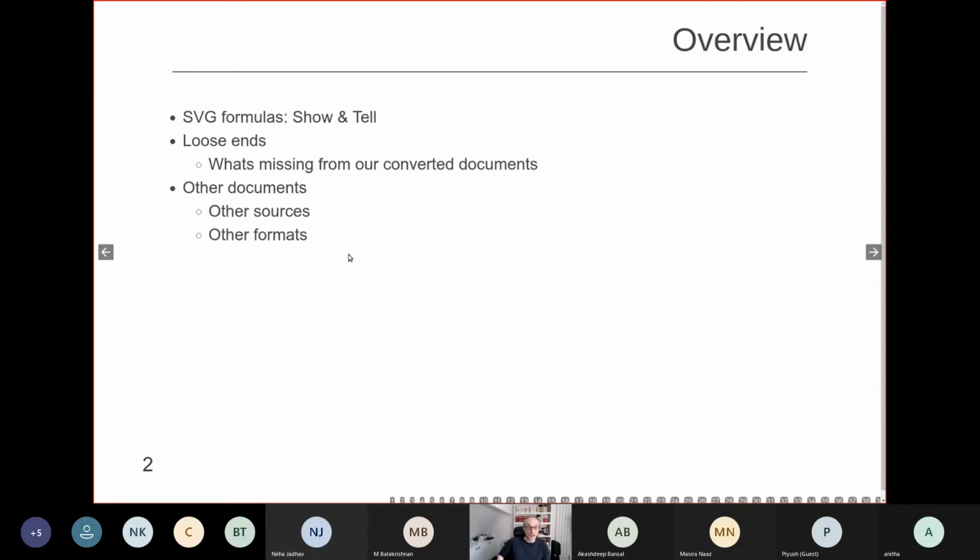Then we're going to have a look at some of the other documents that we haven't really discussed, other formats as well as other sources. Think of it as things coming from images, things coming from PDFs, generating PDFs. I'll also talk a tiny bit about EPUB.